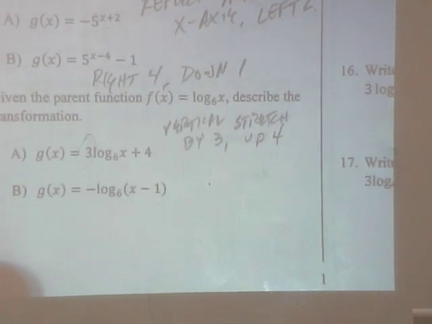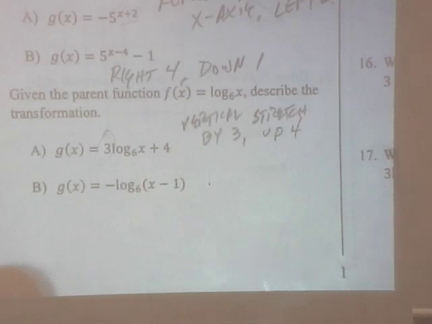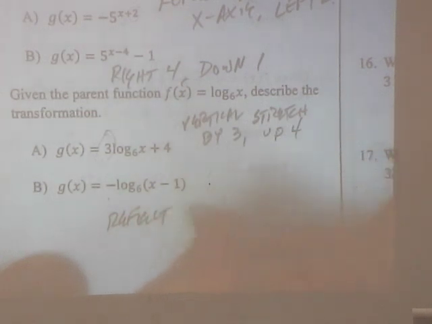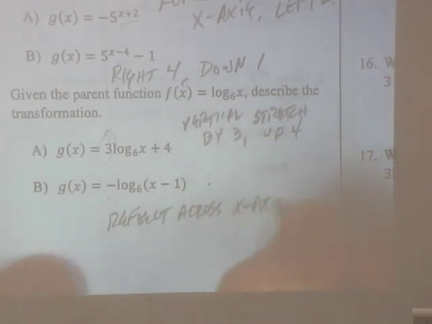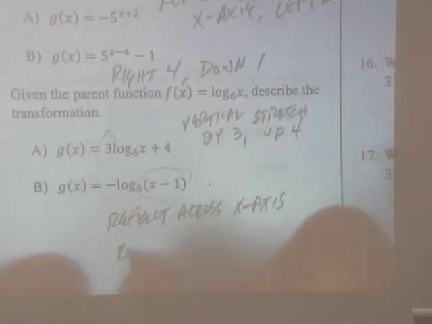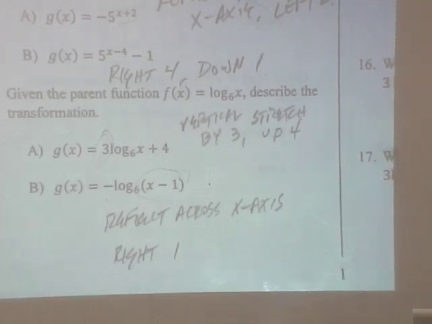And then 5B, we've got another reflect across the x-axis, and it goes right 1. Any questions on 1 through 5?